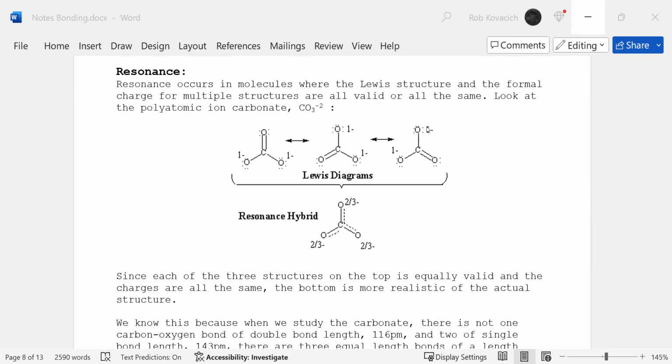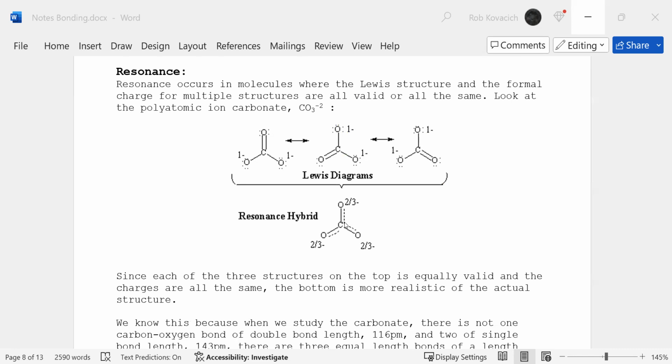So since none of these is any better than any of the others, what ends up happening is you don't really have a double bond to this oxygen or this oxygen or this oxygen. These 2 electrons that are in this second bond sort of jump around from oxygen to oxygen. And so we write these dashed lines, and what that's letting you know is it's not a true bond.